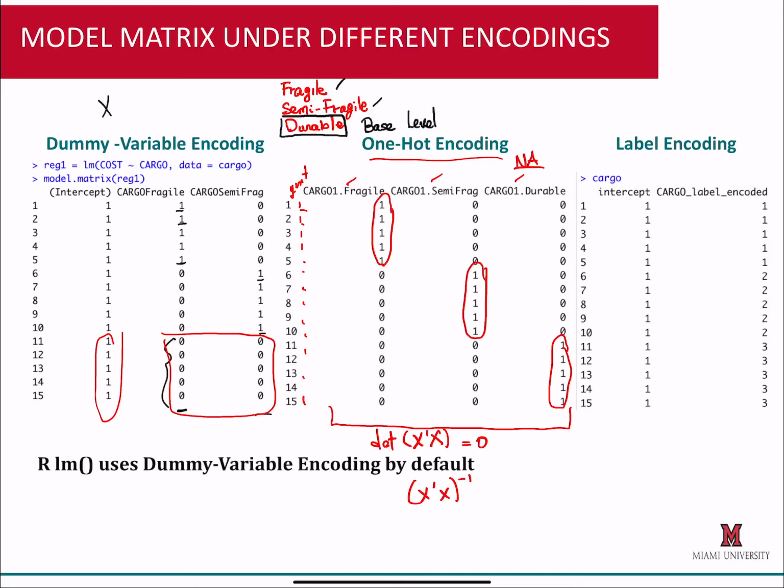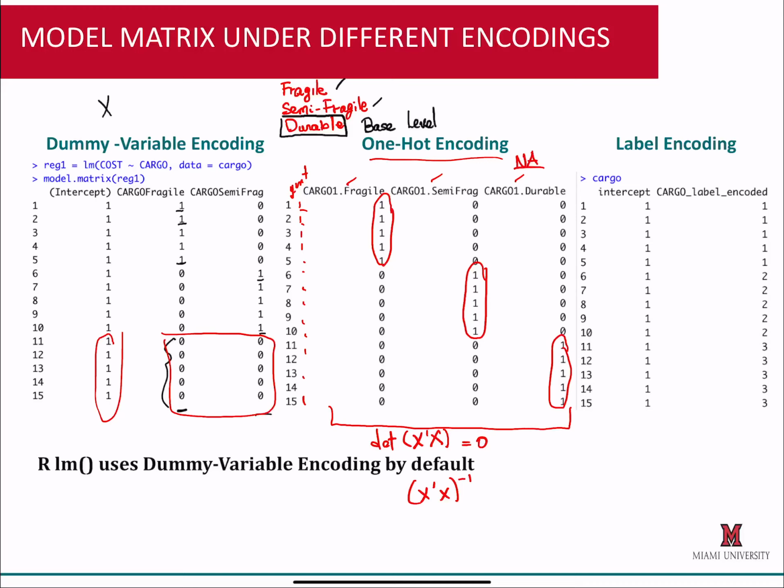But if we use other software like SAS and Python and some libraries, you have to encode the variables yourself. So you have to think about what kind of encoding you want first, and second, whether it creates any singularities in the model matrix.